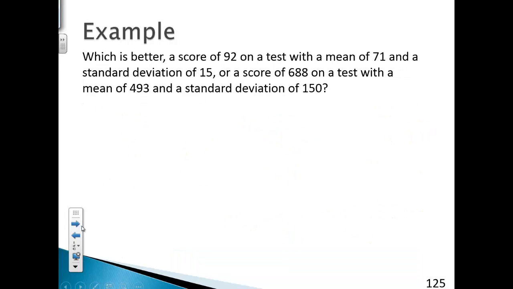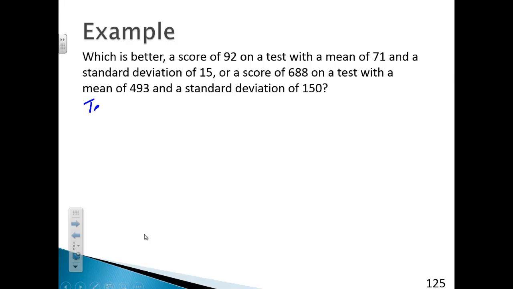On the next one, we're going to be comparing test scores again. So why don't you pause the video, work this problem, and then unpause it and see the solution. Okay, example, which is better? A score of 92 on a test with a mean of 71 and a standard deviation of 15.